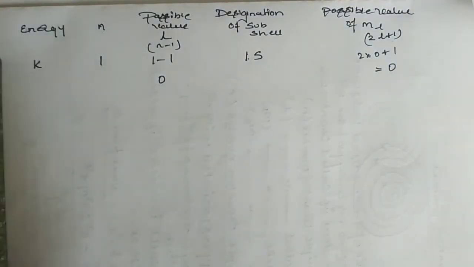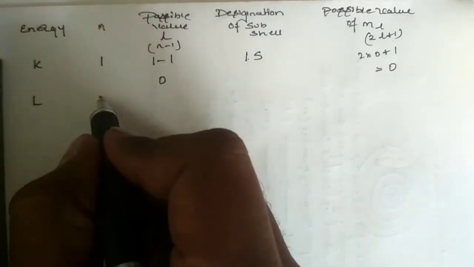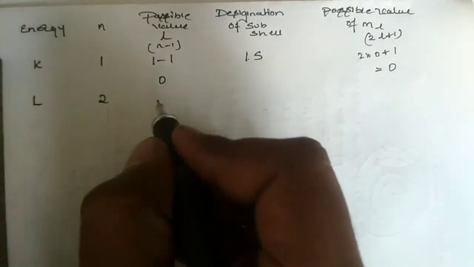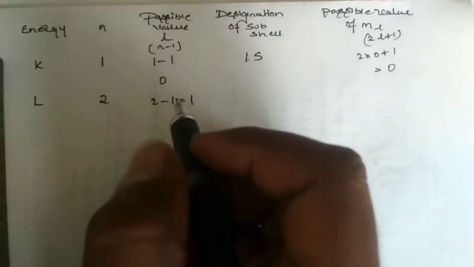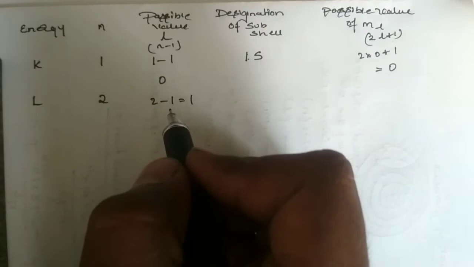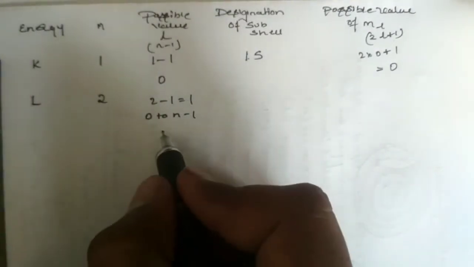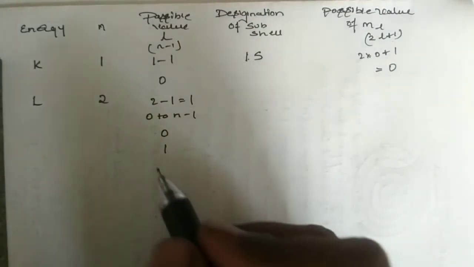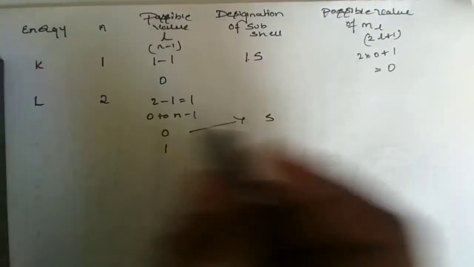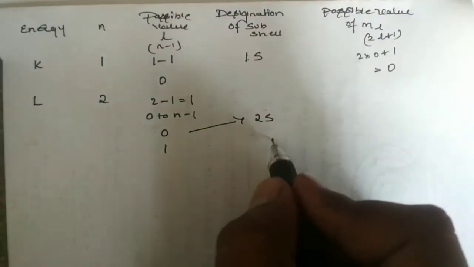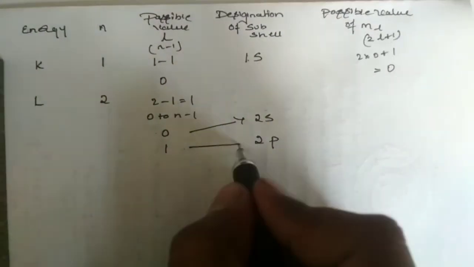Next we are going to talk about the next energy level, L. n is equal to 2. 2 minus 1 is equal to 1. We already said that it must start from 0 to n minus 1. Then 0 indicates s, so with n equal to 2 we have 2s. 1 indicates p, then 2p. Do you understand here?